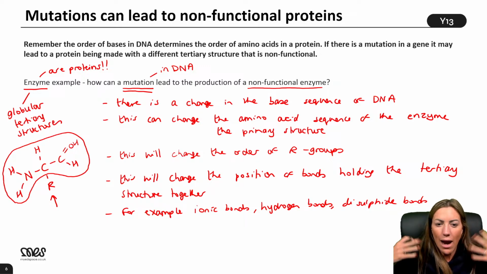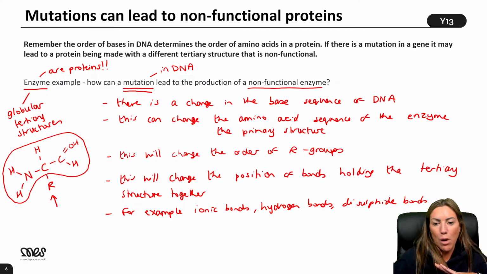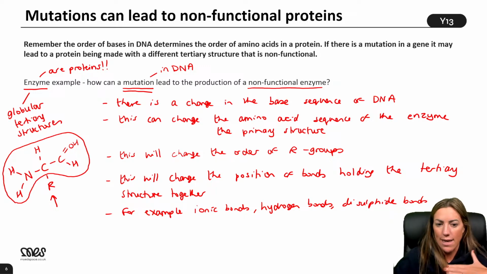You don't have to name all three, but name at least one bond type that you find in the tertiary structure. And disulfide bonds are covalent bonds.